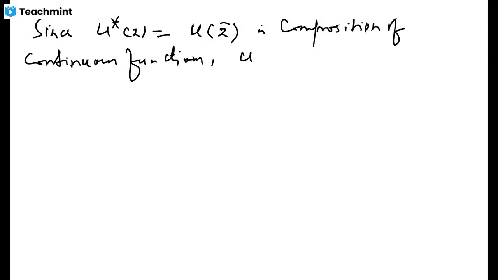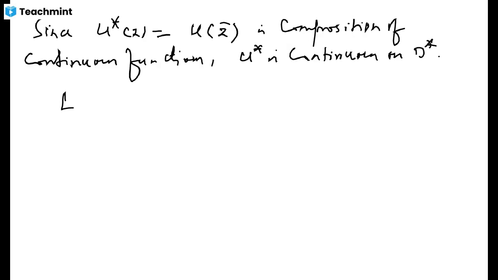Hence, this U star is continuous on D star. Now to show that it is harmonic, you have two ways. Either you show that it has continuous partial derivatives up to second order and is a solution of the Laplace equation. That's also a nice way, but I will go for the mean value property, since it's a continuous function, and I will establish that this U star satisfies the mean value property.